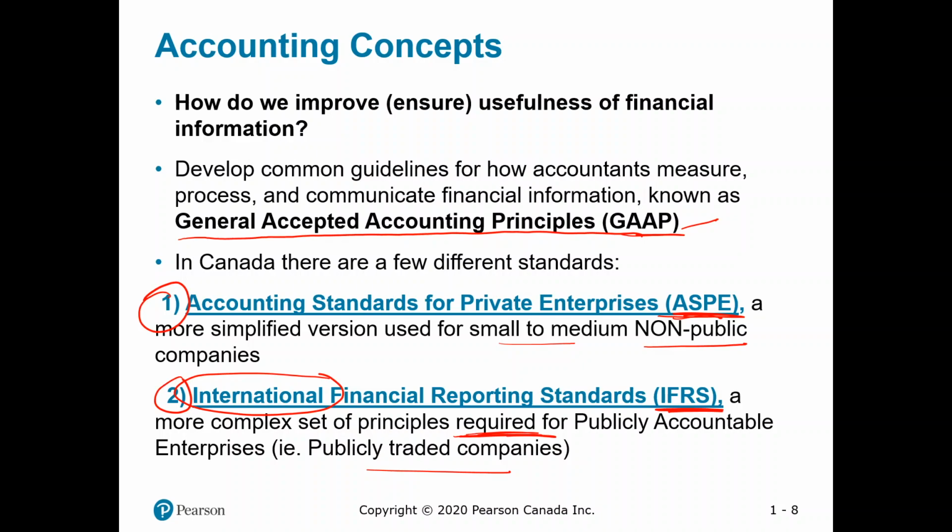The reason for that is because they are widely traded. Anyone in the world could purchase shares off the Toronto Stock Exchange. Because of that, the users of the statements, those investors, need to be able to compare multiple companies across different countries. So for example, if there was an investor in France who wanted to buy shares of some company to make more money, they would possibly want to buy shares from a company in the US.